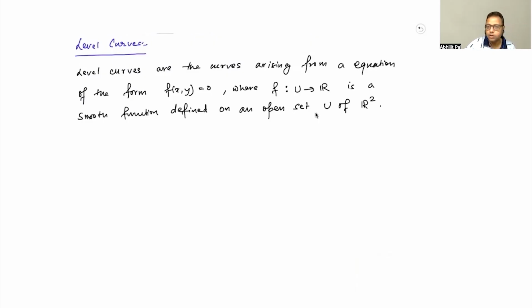So what is the meaning of smooth function?